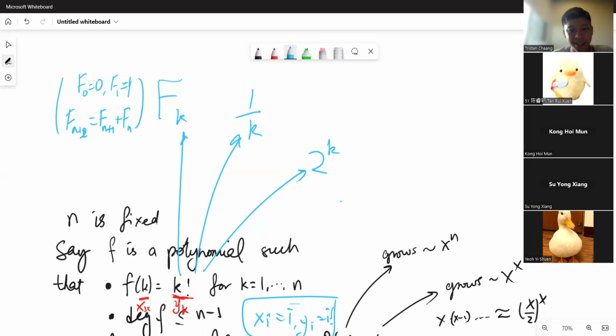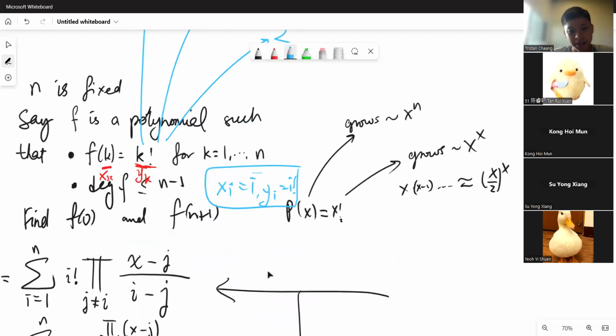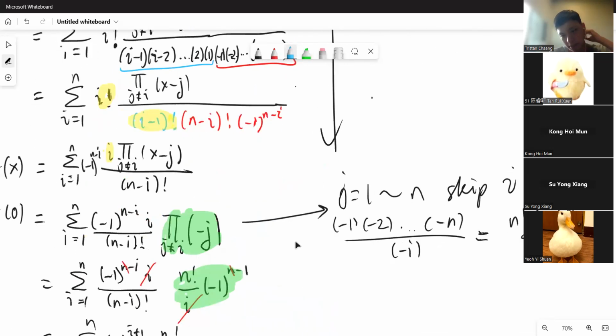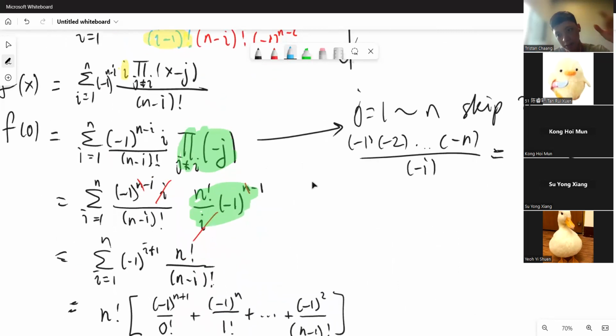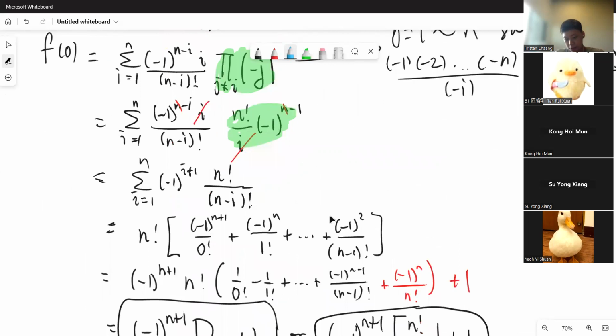In fact, there are more of them actually. In the end, you just need to solve this very complicated sum. And sometimes the sum is in terms of the binomial coefficient, like the choose function. And sometimes it comes out like this. So there's a bunch of factorials. You have to be quite familiar with adding factorials, adding binomial coefficients.